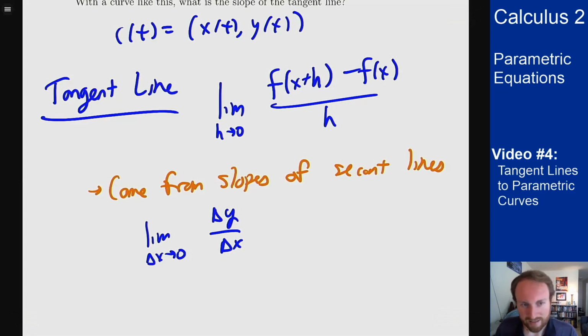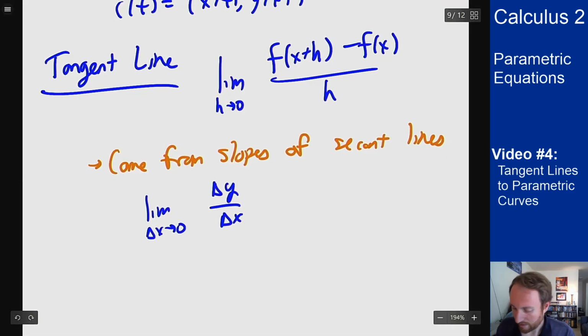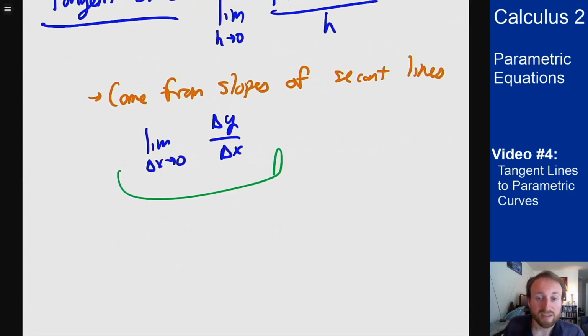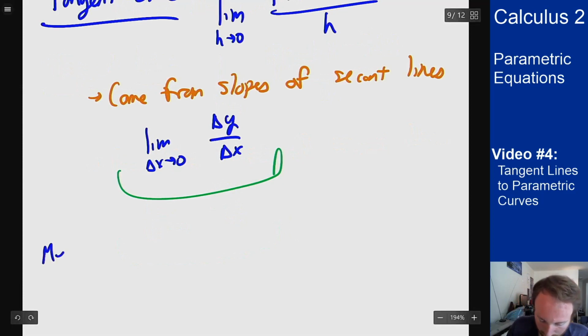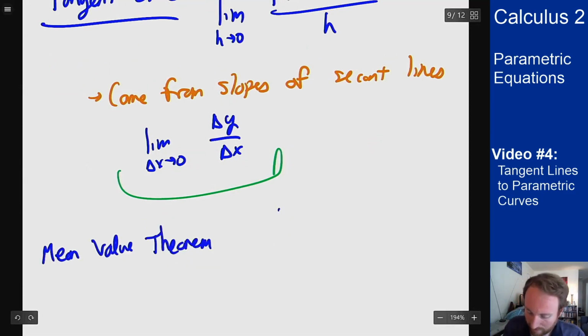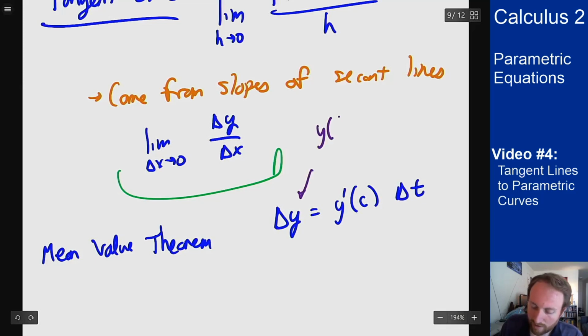Let's look at this here. Now we have x and y both as functions of t, so we can actually do something with this setup. And the point here is, using the mean value theorem, I know I can write delta y as y prime of c times delta t, because this delta y here is y of t1 minus y of t0.